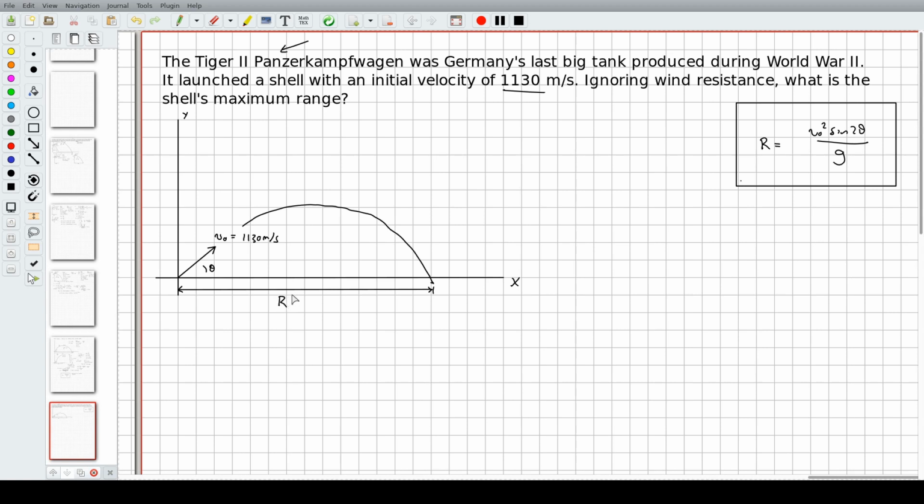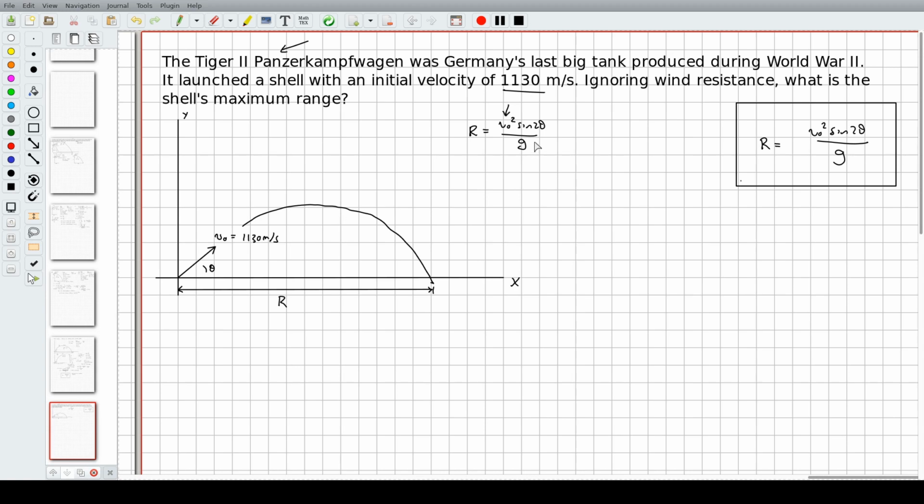Now, you could make things complicated and do derivatives and all that stuff, or you could take a look at the equation for range itself. V naught squared sine of 2 theta over g. Now, this is a fixed thing. In this particular problem, the initial velocity is 1,130 meters per second. You can't change that. G is a constant. It's 9.8 meters per second squared.